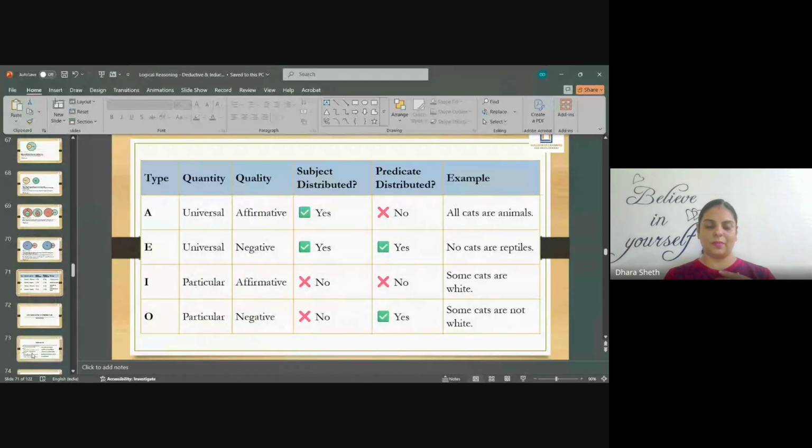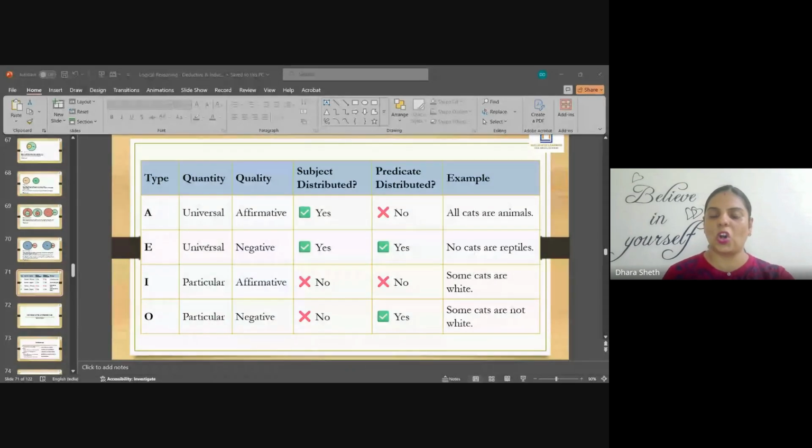My bad. I'm sorry. This is a quick recap of all 4 kinds of statements. Okay. Now, A-type statement, all A are B, is called universal because it talks about all, and it says all A are B. So that is why it is called affirmative. Is the subject distributed?